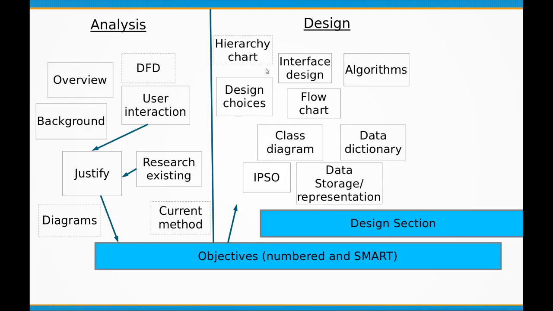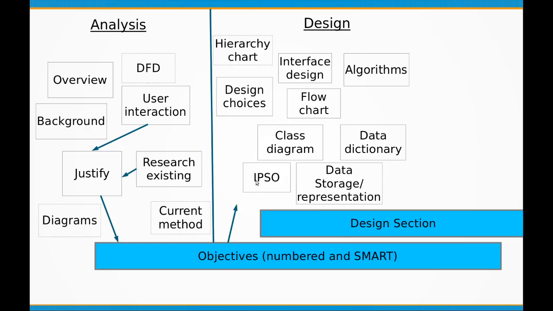Design choices. This is where you're justifying how you're doing things. I'm adding this aspect to it because the objectives say this. I'm doing this because the objectives say this. A lot of these are influenced by your objectives. Some of them will come from other parts in the analysis.